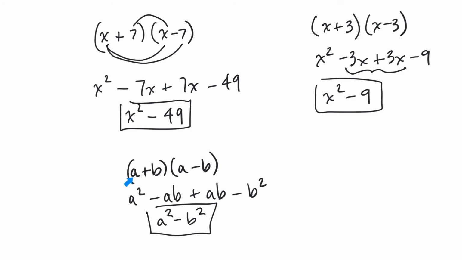Our first term was a in our binomials, and our second term was b, so the first term in our product is a squared, the second term is b squared, and then it's the difference. So we call this the difference of squares.